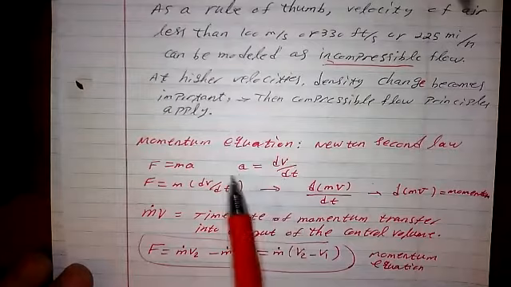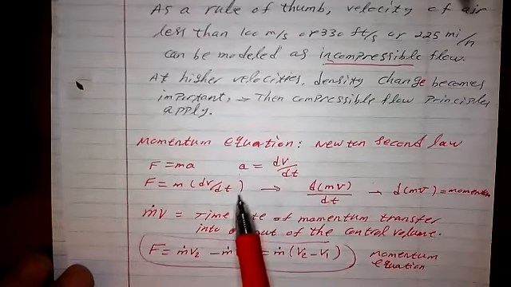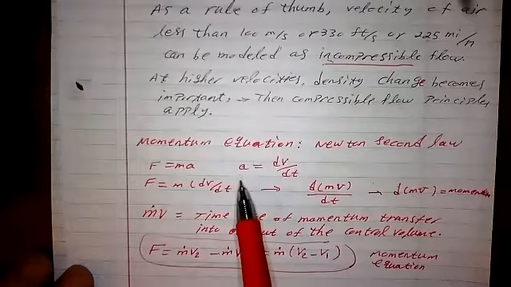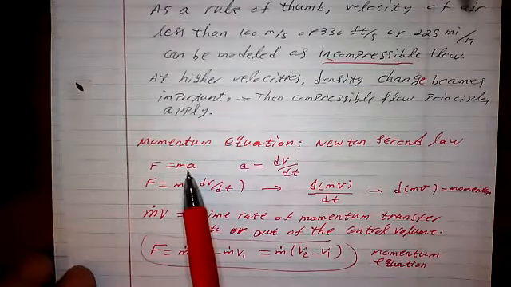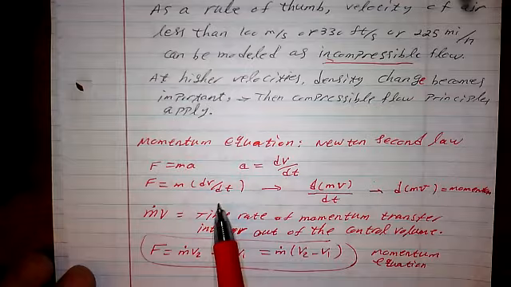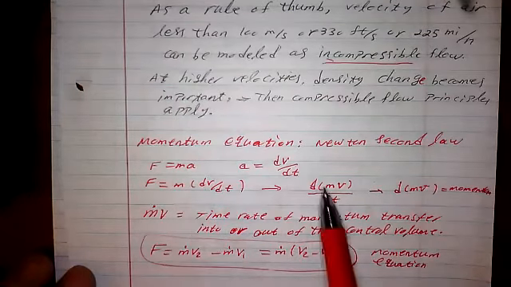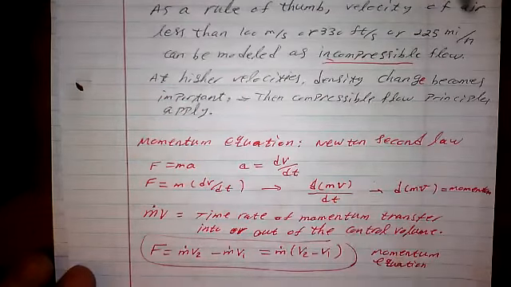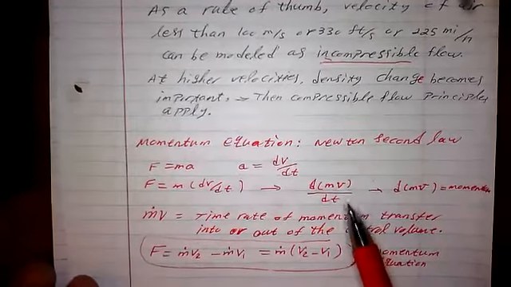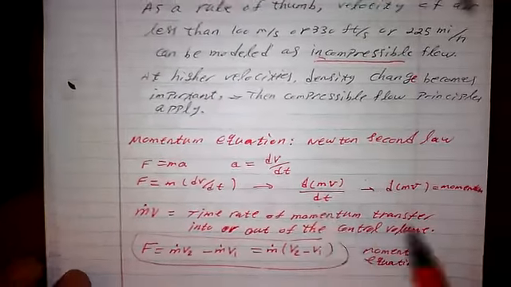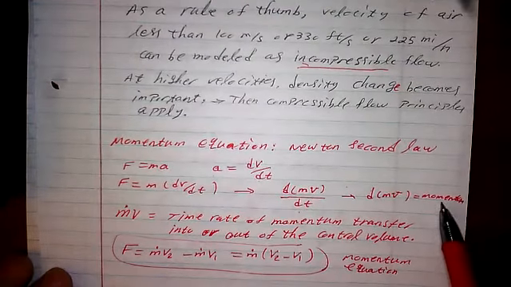If you rearrange this, we substitute in the second law, a equals dv over dt. And then we say d(mv), that's the Department of Motor Vehicles, so we always memorize that, d(mv) with respect to time. That d(mv) is known as linear momentum.